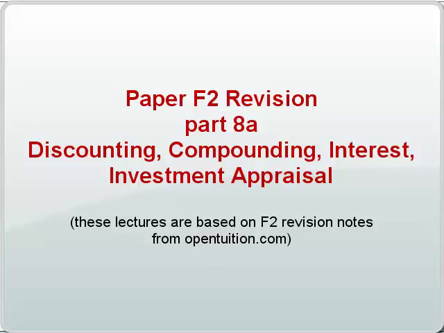First of all, on compounding, let's check the words and so on. If $1,000 is invested for 2 years at compound interest of 10% per year, what will the deposit have grown to by the end of the period?